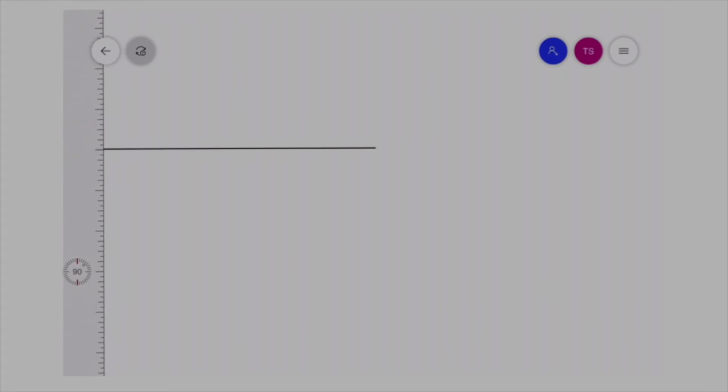There you go. Now again we have 10. All right, let me just label my graph.